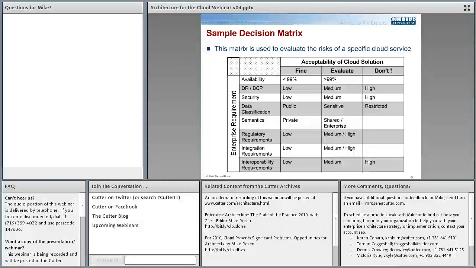What's the availability of the system that you need? How will you do disaster recovery? What are your security requirements and regulatory requirements? So I think that from a business perspective, we want to understand the risks of the cloud, and we've talked about some of them specifically here, and be able to make a trade-off of what is the risk, and is this an acceptable risk in business terms?